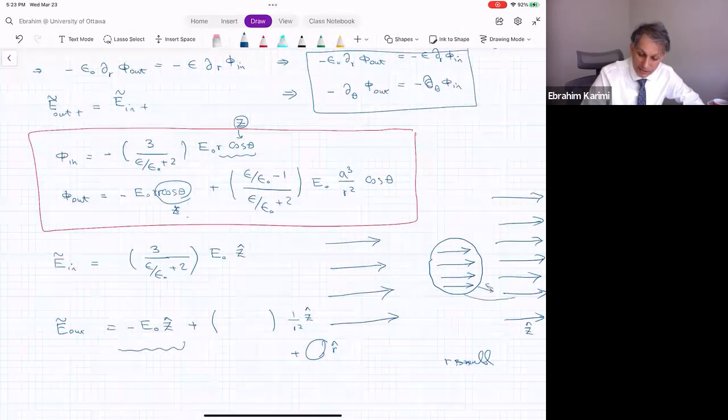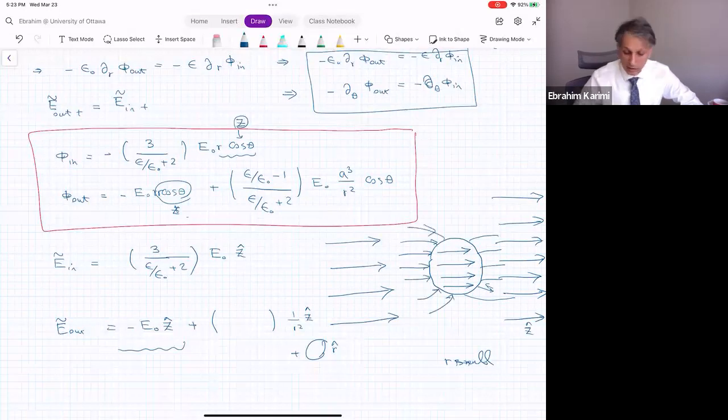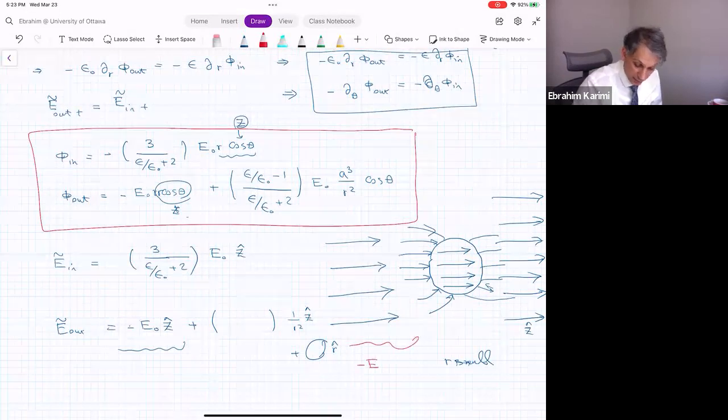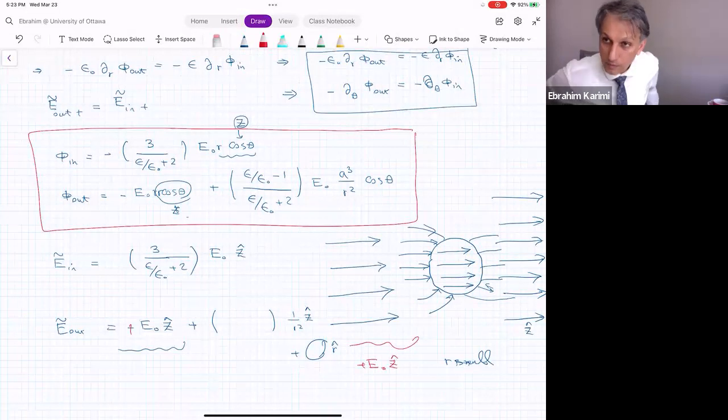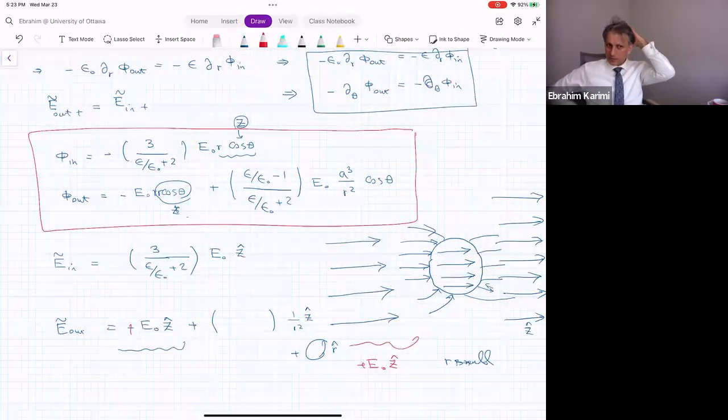So it seems that the normal to the surface plays a role here in the near field, and you will see that the electric field is always, of course, normal to that region. But for the far distances, it is only given by minus E0 plus E0 z hat. Is that clear?